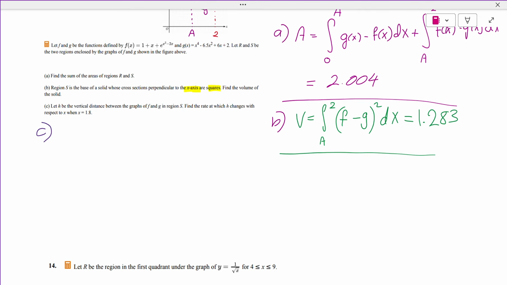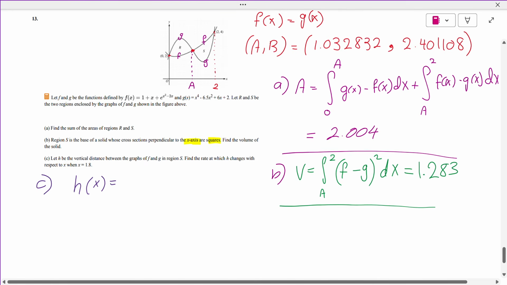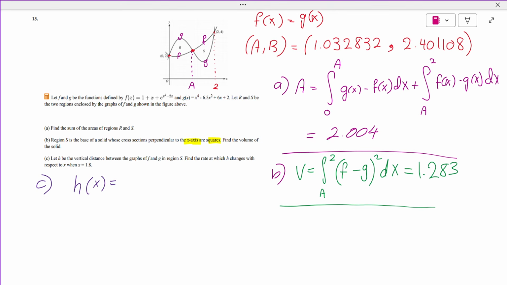So H of X, if you look at the graph, represents the vertical distance between the two functions in region S, which is going to be f of x minus g of x, right? We need to find h prime, the rate of change of h with respect to x at x equals 1.8.